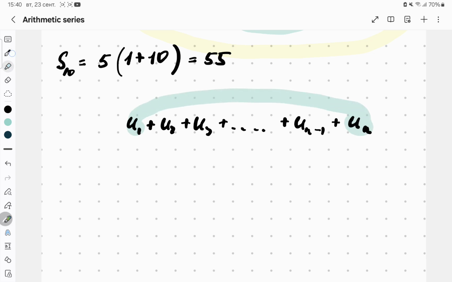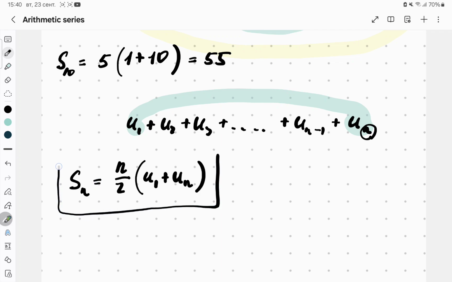So this pair gives us U1 plus Un, right? And now we should multiply by the number of pairs. If the total number of terms is n, then the number of pairs is exactly half, so n over 2. So the sum of n terms is equal to this formula.